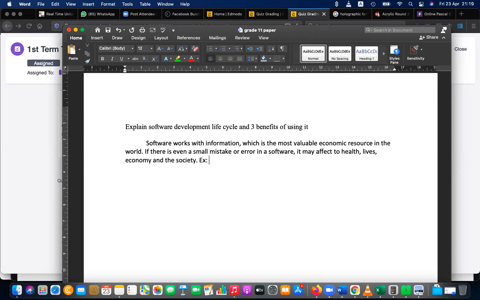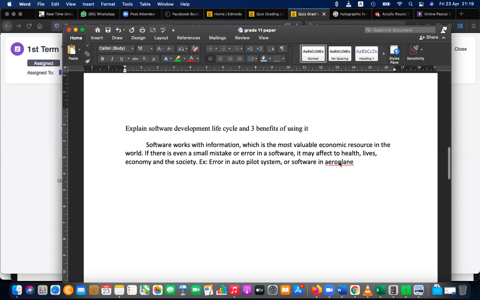Example, an error in the autopilot system or software in an aeroplane or a ship may cause crashes.